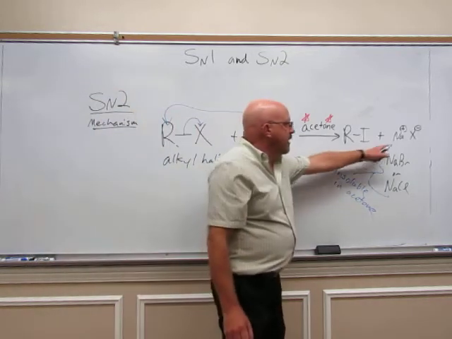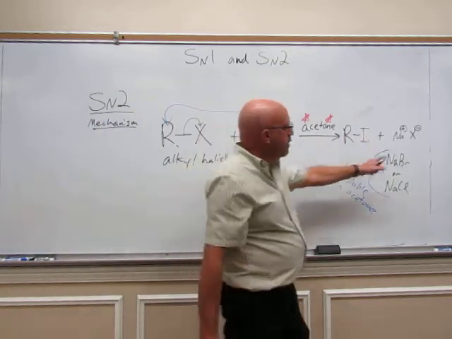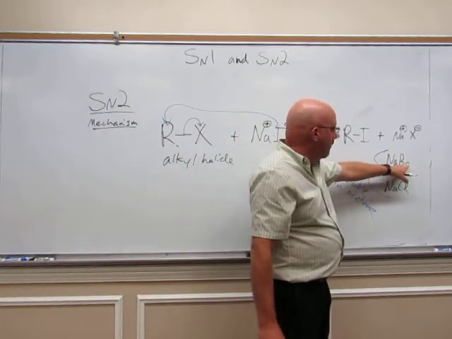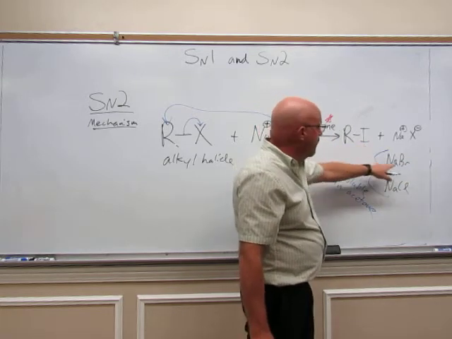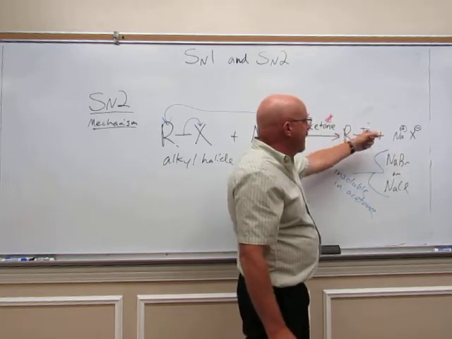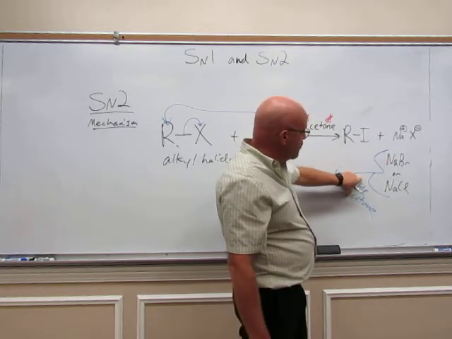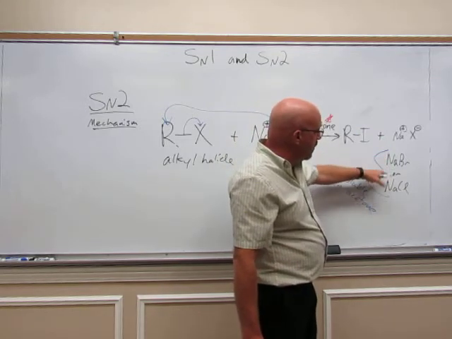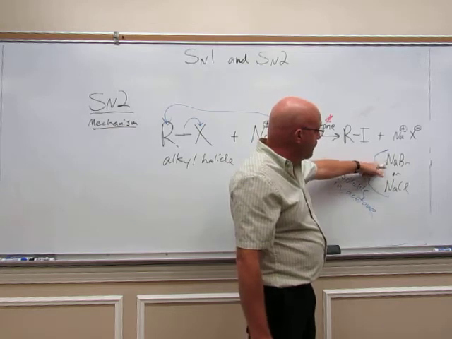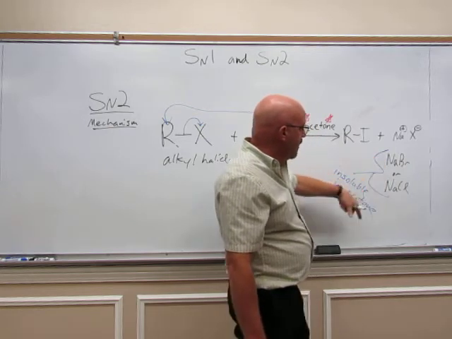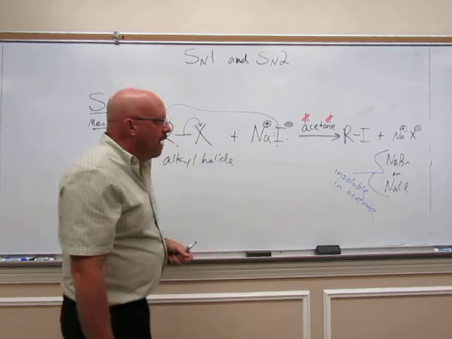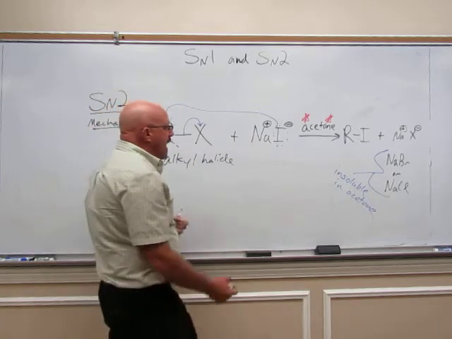So the reaction cannot reverse, because the bromide could be a nucleophile. Iodide's a better leaving group, so it could come in and attack, kick the iodide off, and go back the other direction. But it can't go back the other direction because both the sodium bromide and sodium chloride, whichever one happens to come out, are insoluble, they precipitate out, and that prevents the reverse reaction.